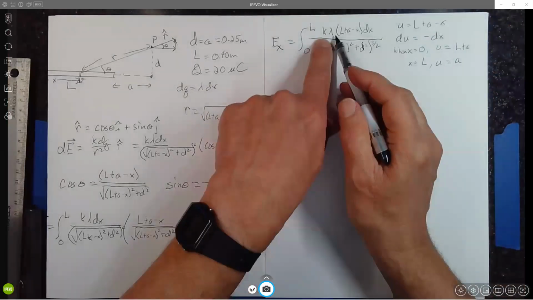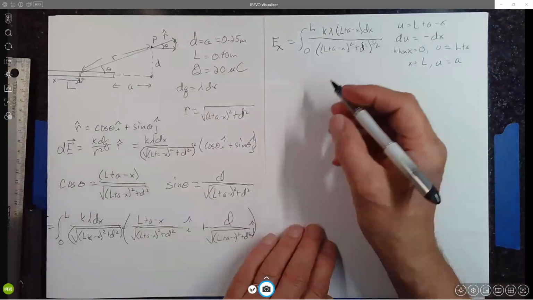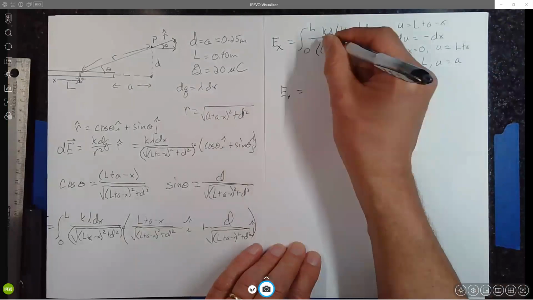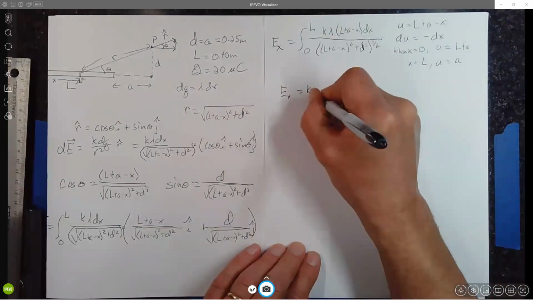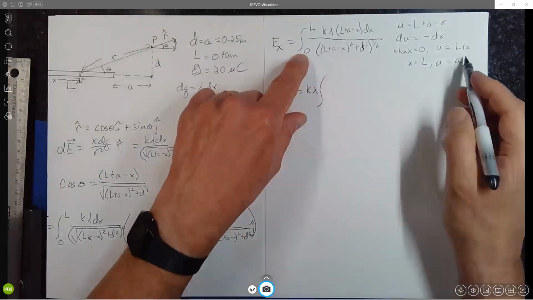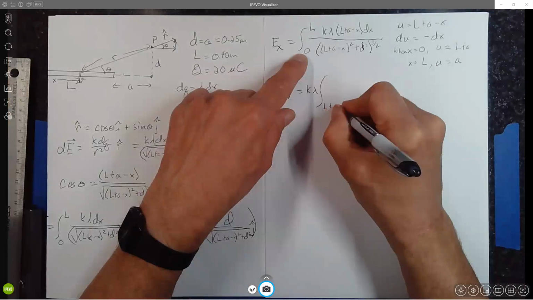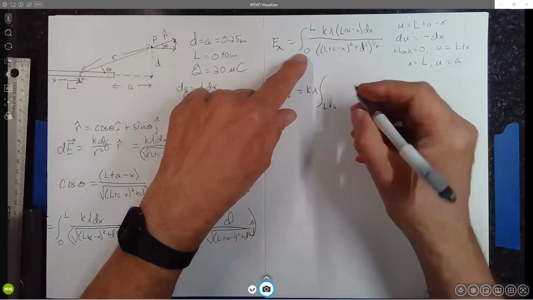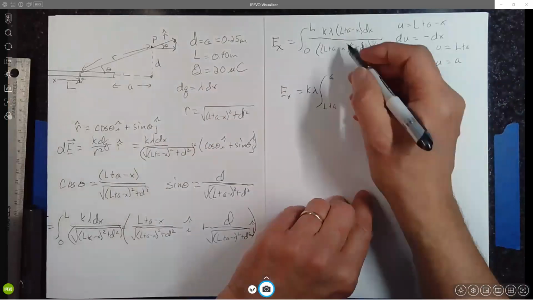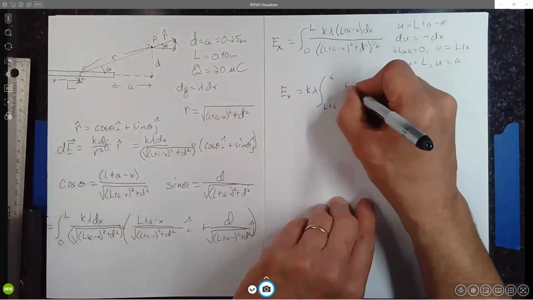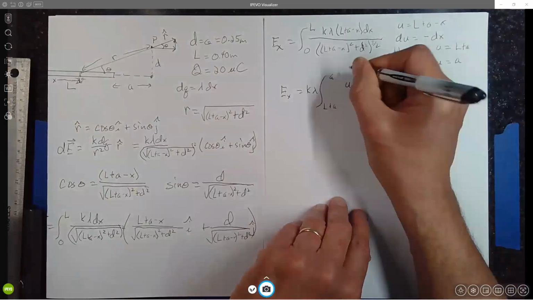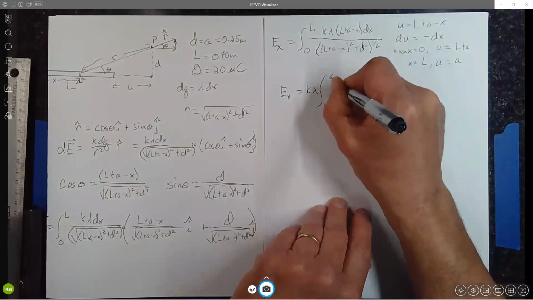I'm going to pull the k lambda outside. And so I'll have E sub x, because they're constants, is going to equal k lambda. I've got different limits of integration now. I'm going to go from L plus a to a. And I'm just going to have a u on top that's left inside, u du, except it's minus du, so I'll just put a minus sign on that.